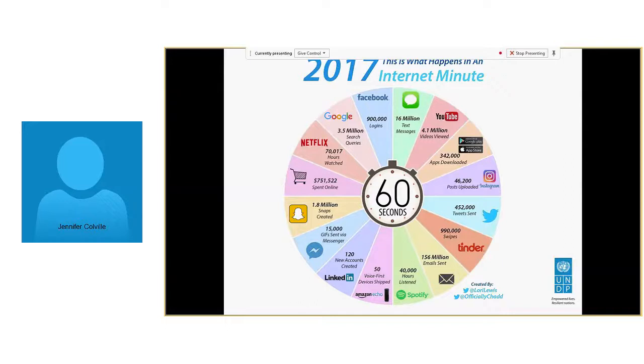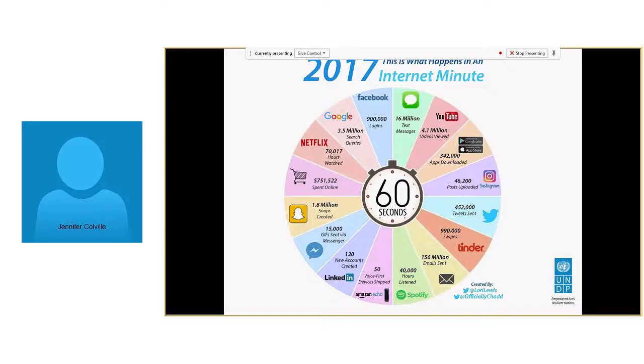And before I get too far into it, I just wanted to share an interesting fact, this graphic. I don't know if people have seen this before, but it talks about the proliferation of, first of all, technology, but then second of all, the amount of data that gets produced in any given minute. So in 60 seconds, there are 9,000 logins to Facebook. There are almost 1 million swipes on Tinder.